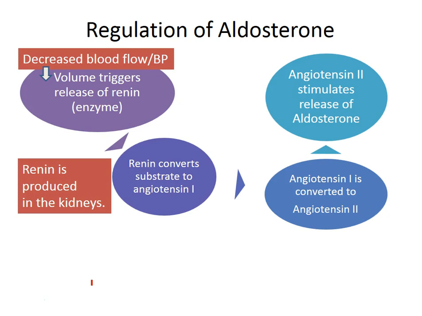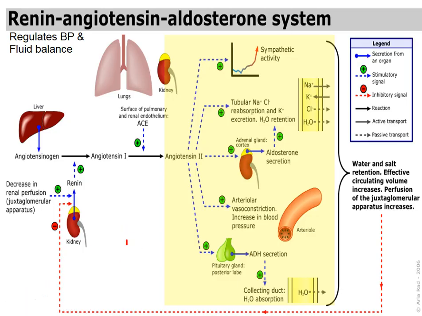Renin, just as a side note, is produced in the kidneys. So this will show you how aldosterone is actually regulated and what triggers it. And just to give you a sense of your renin-angiotensin-aldosterone system, the part that you have to focus on, at least for the endocrine system, where that comes into play, is what's shaded here in yellow.